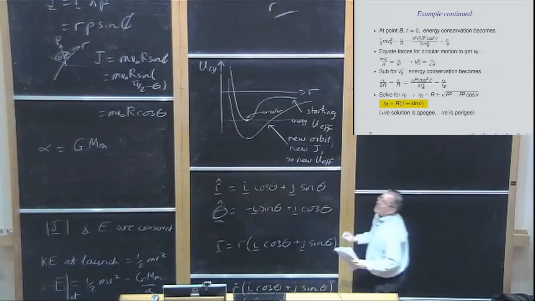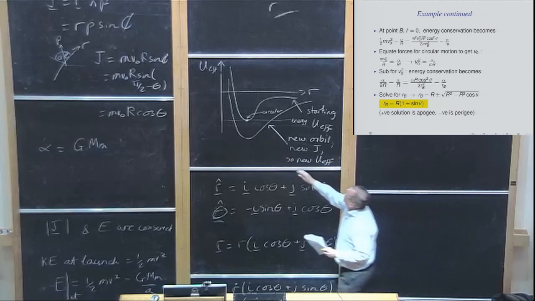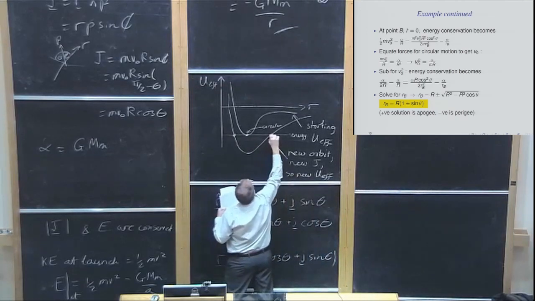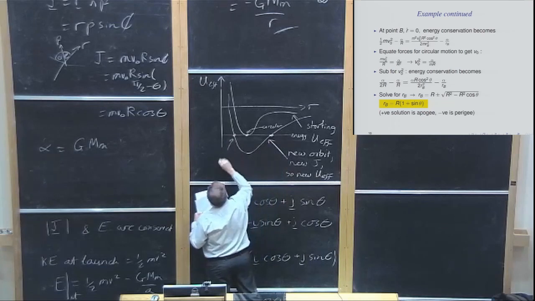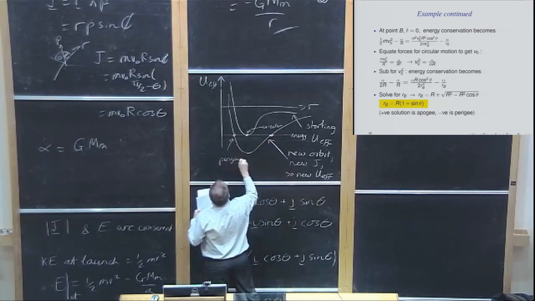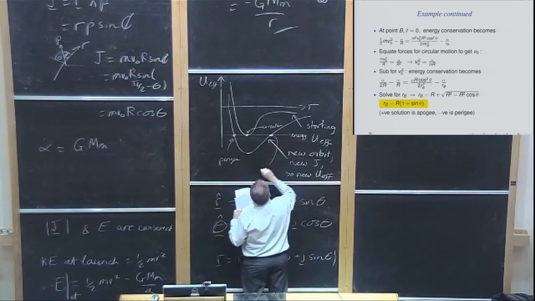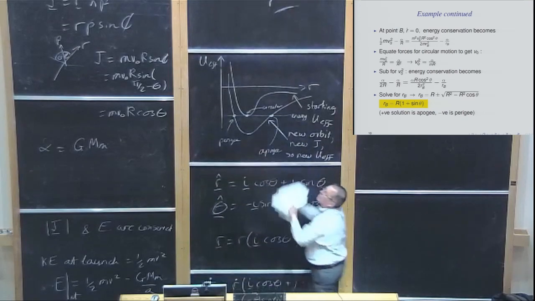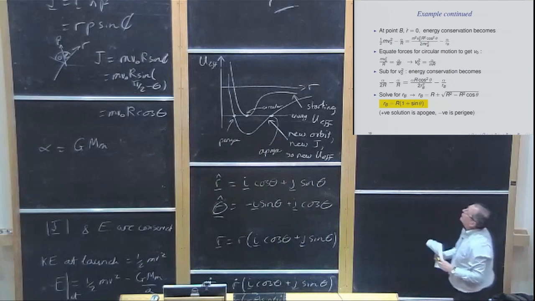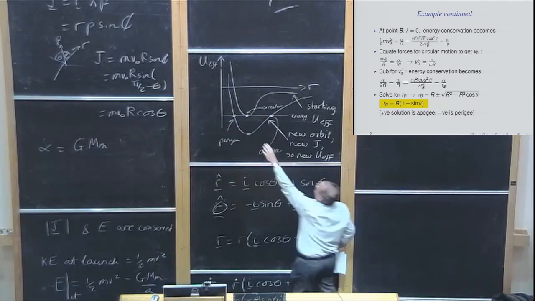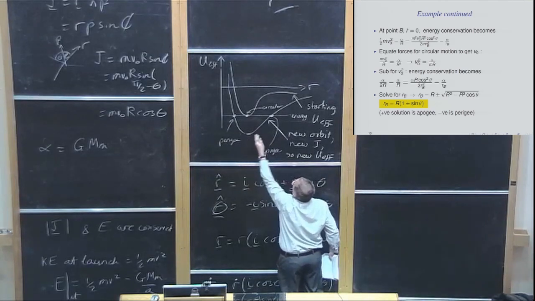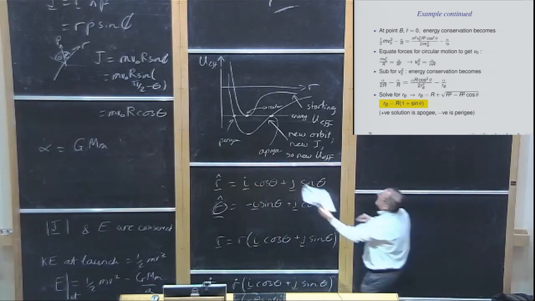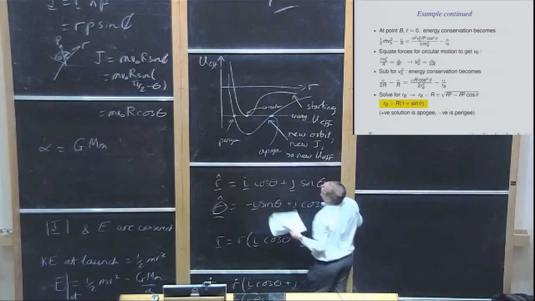But what hasn't changed is the total energy. So now we have the perigee and apogee. The energy has not changed, okay? So we've gone from one shape for UF where we were previously sitting at the bottom to a new shape for UF where we are now intersecting with the energy at 2 points.